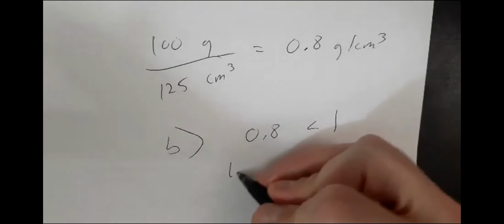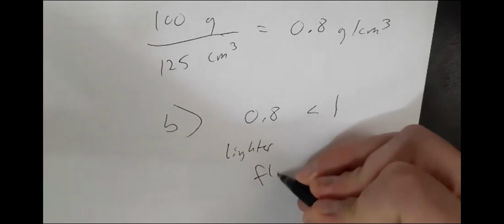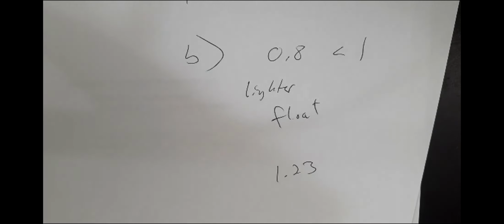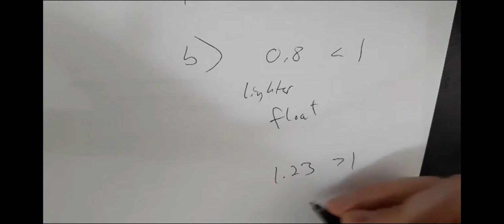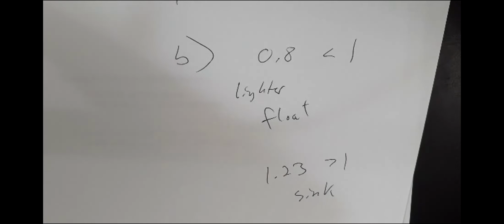So it is lighter, is what this thing is saying. It is less dense, it is lighter, it is going to float. That's absolutely right. If it was over 1, would it float or sink? So if I got like 1.23. Sink. Yeah, this would be a sink. Let that sink in. Okay.